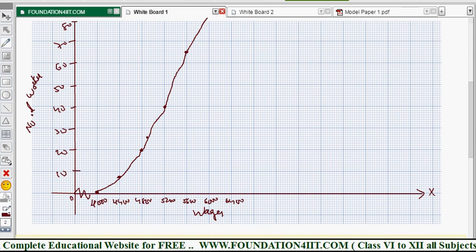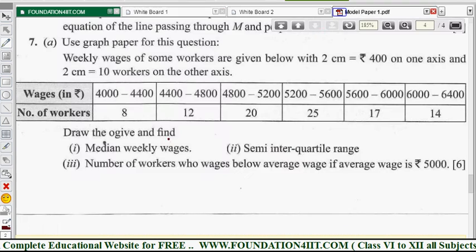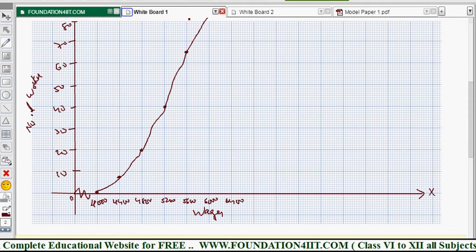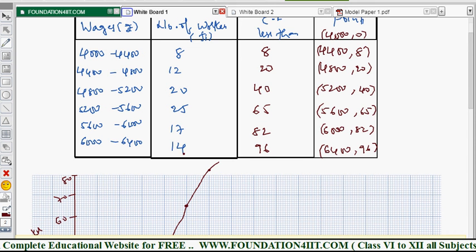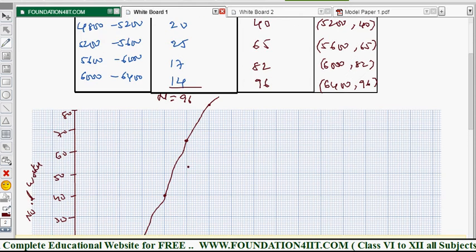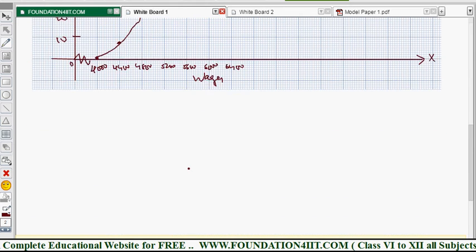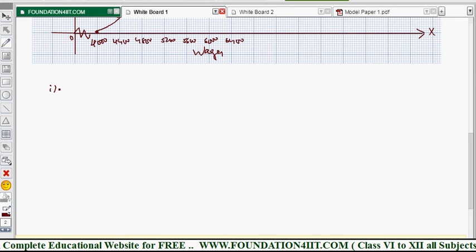Now according to the first question, we need the median weekly wages. The total value is 96, so n is equal to 96. n is an even number, so the median is the 96 by 2 observation, that is the 48th observation.